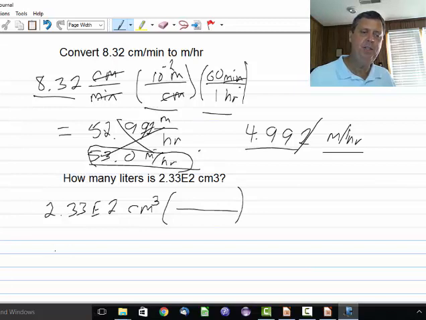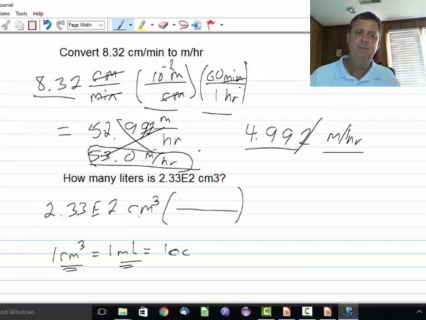I wrote down below here one of the relationships I told you earlier. 1 centimeter cubed equals 1 milliliter equals 1 cc. That way we can actually convert from length cubed to liters to get to our answer in this case. So I need to get from centimeters cubed to milliliters in this case because I know there's a 1-to-1 ratio.